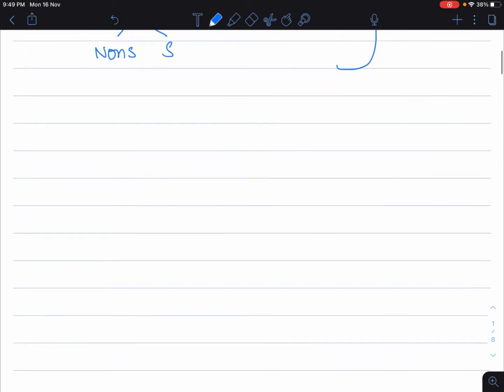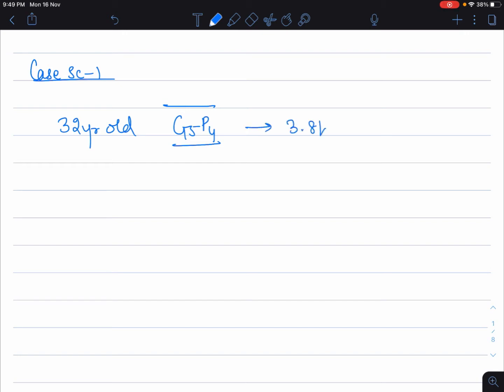Okay, so we typically see a woman in labor room, right? And supposing in this case scenario that I'm giving you, a woman who is approximately 32 years old, gravida 5 para 4, so she's multipara, delivered a baby boy of 3.8 kgs.